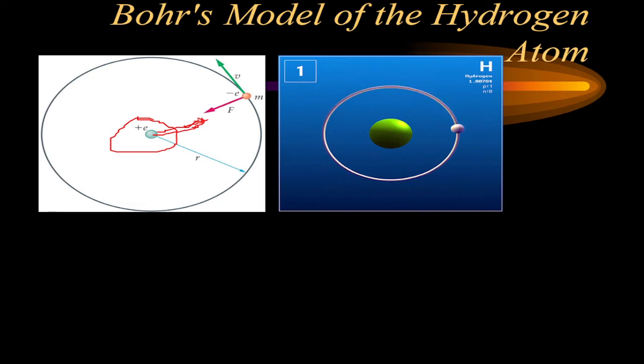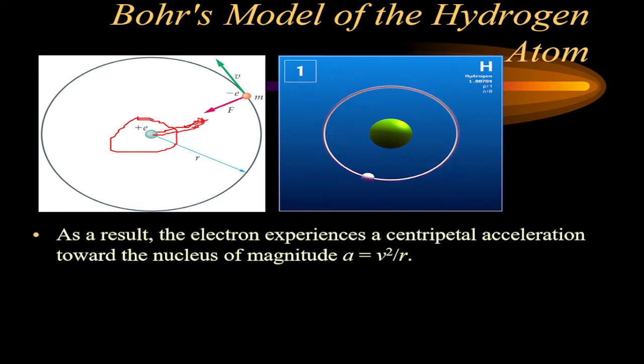So the centripetal acceleration is given by a equals v squared all over r. And from Newton's law, we can relate this to the force Fc. And the force that powers the electron is equivalent to the electric force. So later on, we're gonna equate Fe and Fc.